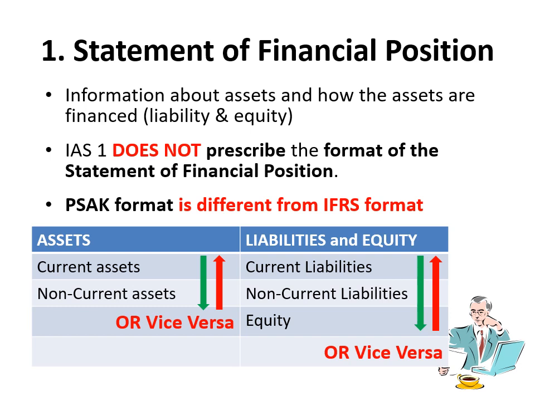Okay, then when we talk about the statement of financial position, in general, in this statement, we try to set a format for how we should present the information about assets, how the assets are financed, talking about the liabilities and the equity we have from the creditors and the owners.